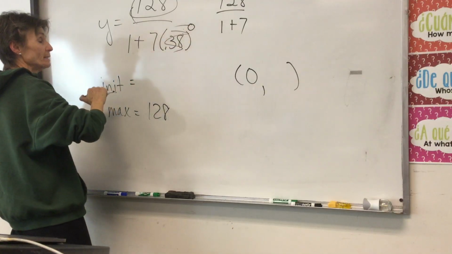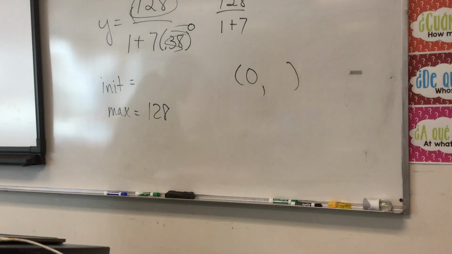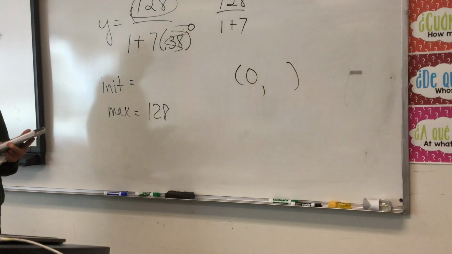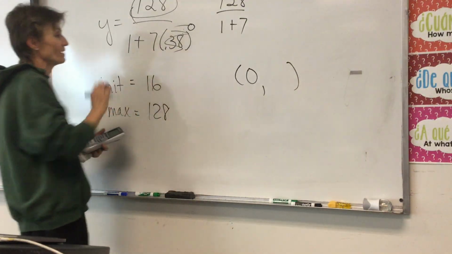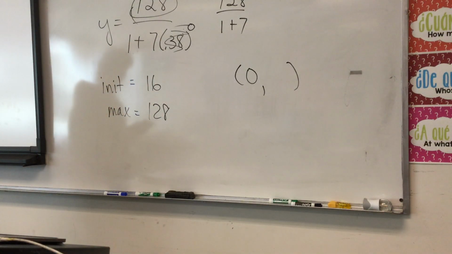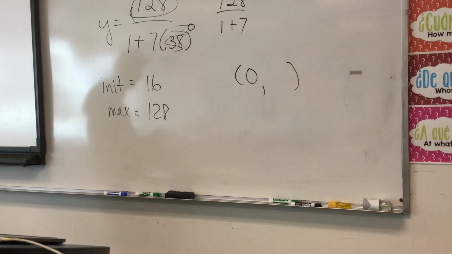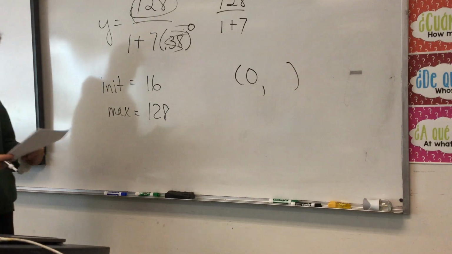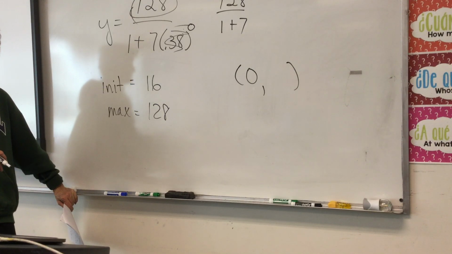So we have 128 divided by 8, which is 16. So your initial value is 16. It's the value you get when you plug in 0 for x, the same as the y-intercept.